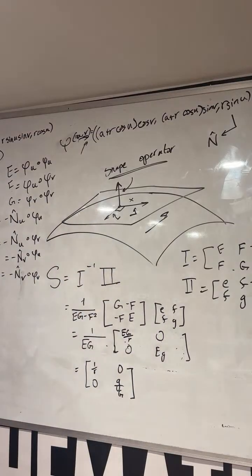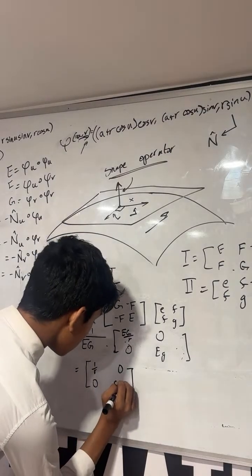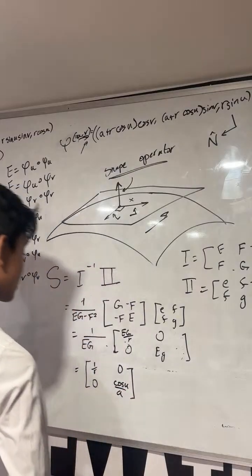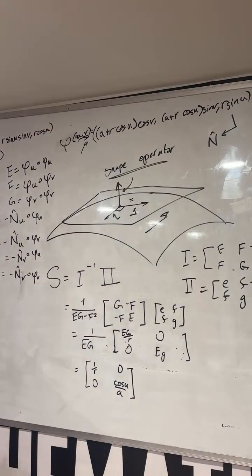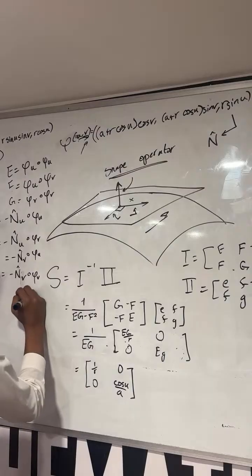And it turns out g over g is just cosine u over a. Which means that the two principal curvatures are, wait a second. Something feels off here. Yeah, I'm missing a term. Should be cosine u over a r squared.